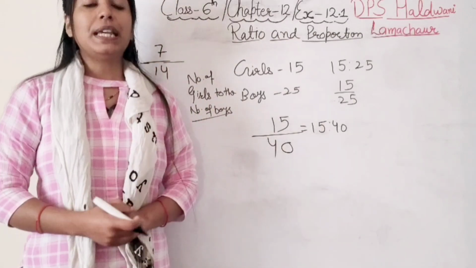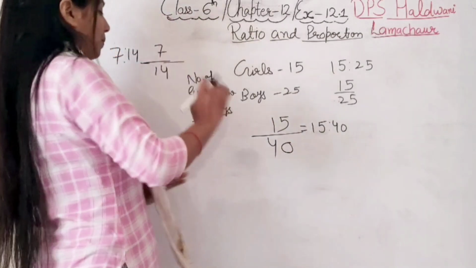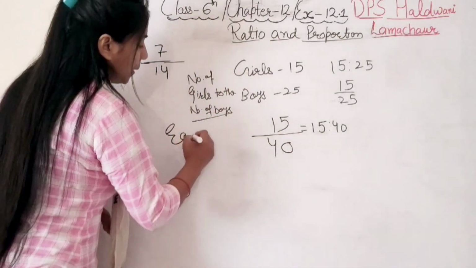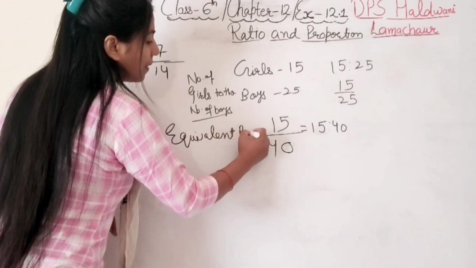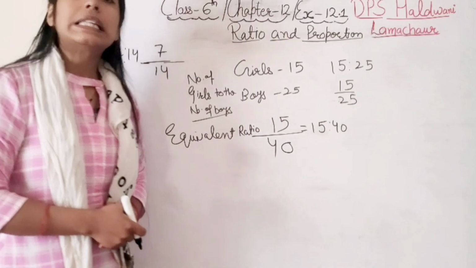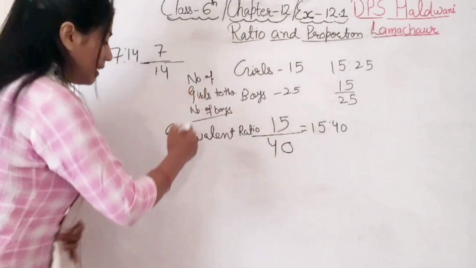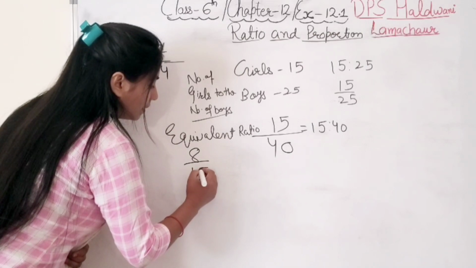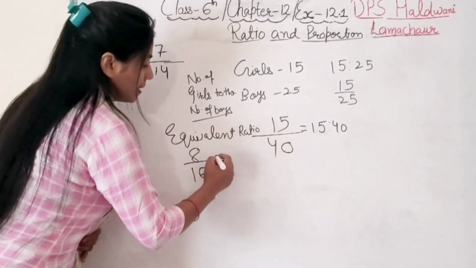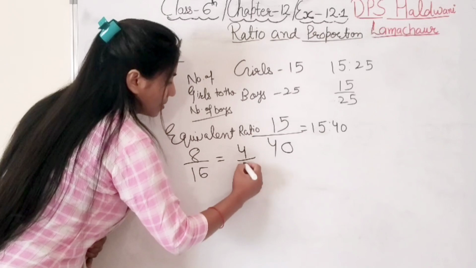Now the second topic is equivalent ratio. Like equivalent fractions, everyone knows how equivalent fractions work. Suppose you have 8 by 16 is equal to 4 by dash.